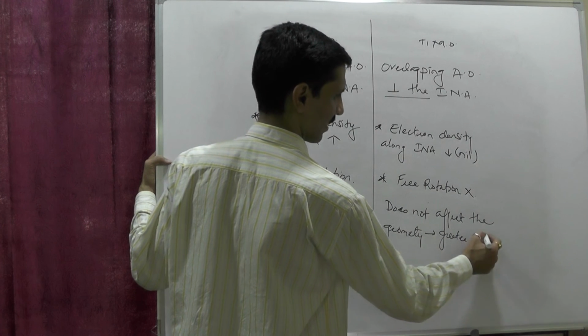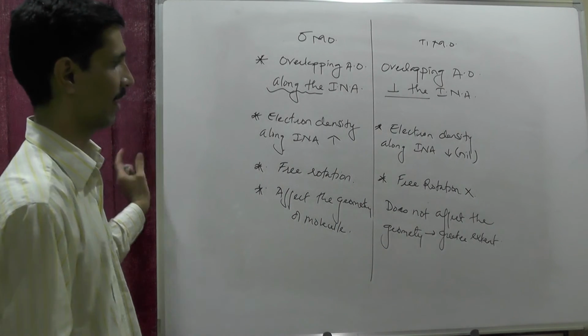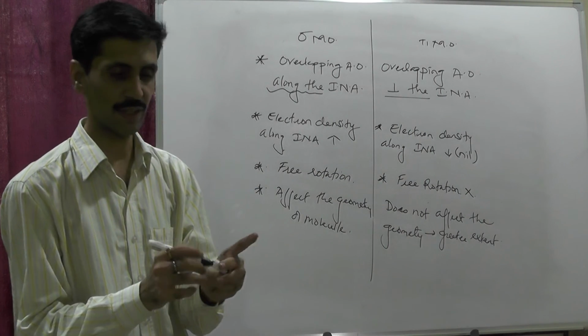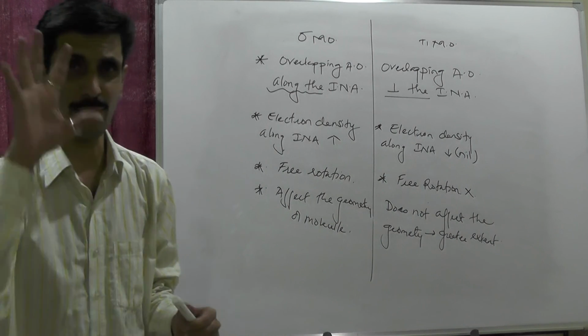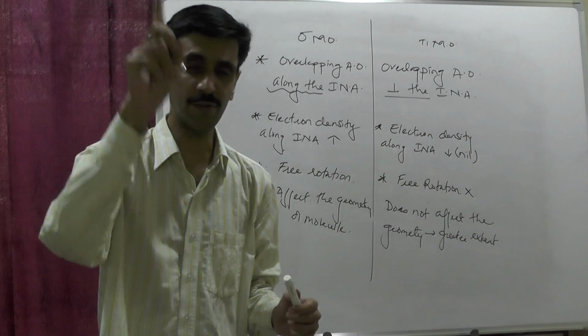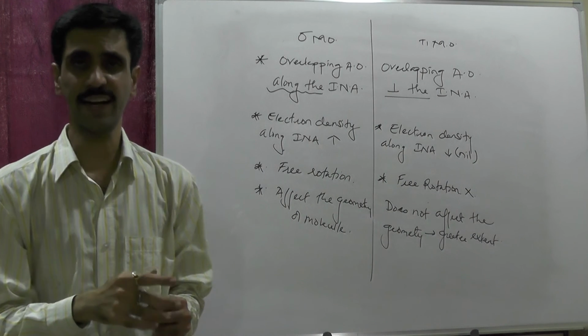It means to a certain extent it can, but not to a greater extent. We are comparing pi with sigma: to the extent sigma affects the geometry of the molecule, pi does not affect it. That is what is being said.